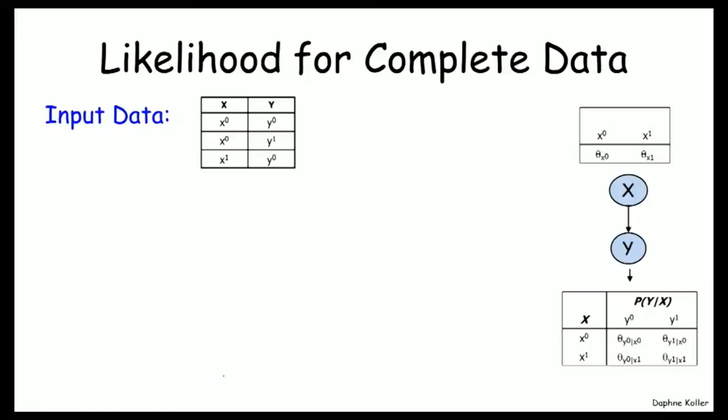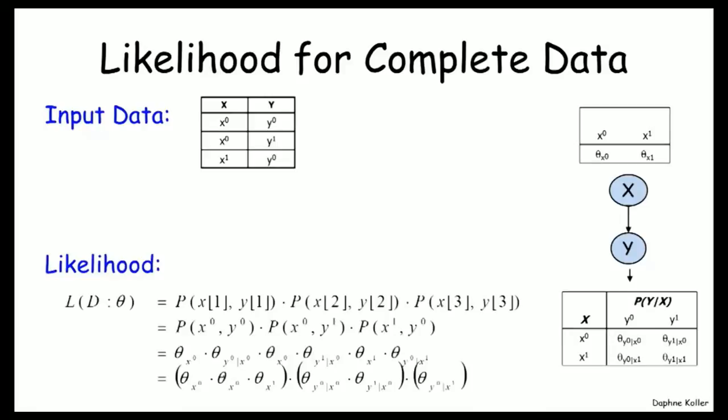And if we just go ahead and write down the complete data likelihood, it turns out to have the following beautiful form, which we've already seen before, where we have the product of probabilities for the three instances. We've omitted writing the parameters for clarity, and that's going to be equal to the probability of x0, y0 given the parameters, the second instance, and the third instance.